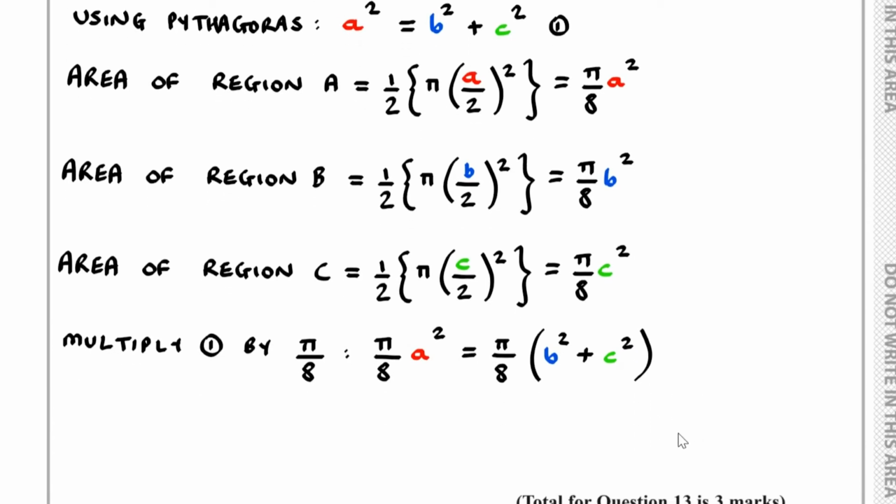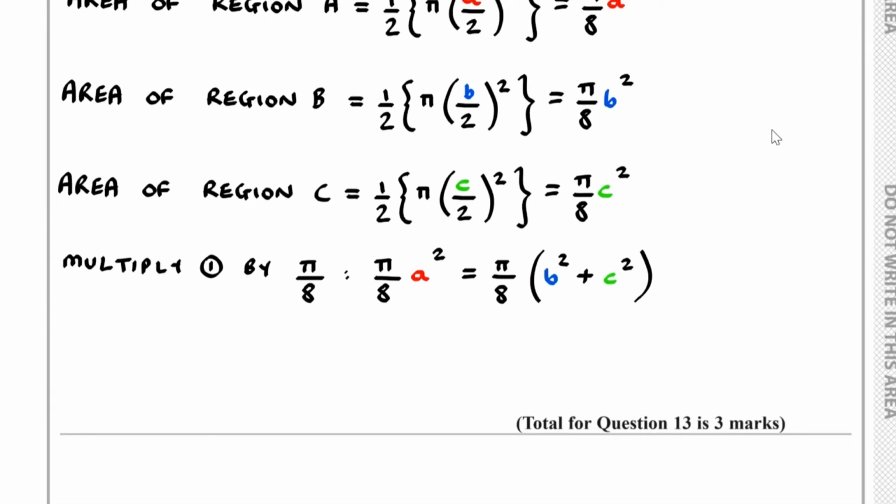And so what we can do now is see that pi over 8 a squared, which is the region of A, equals pi over 8 times b squared plus pi over 8 times c squared. The area of region A is equal to the area of region B plus the area of region C.